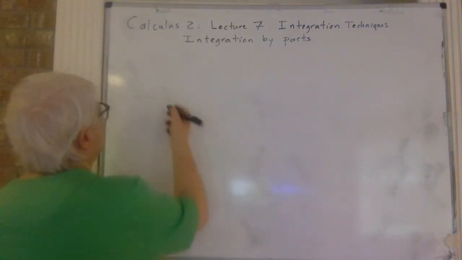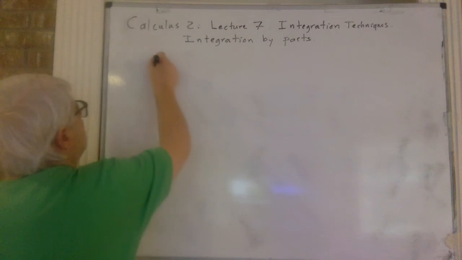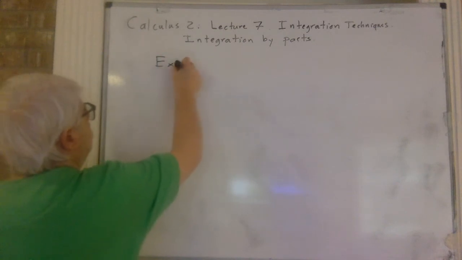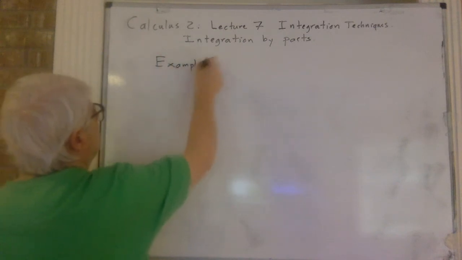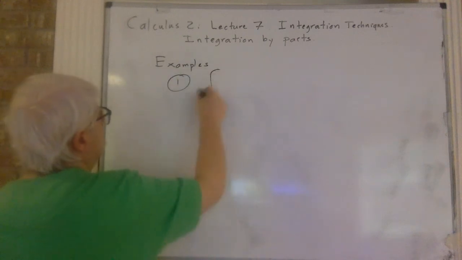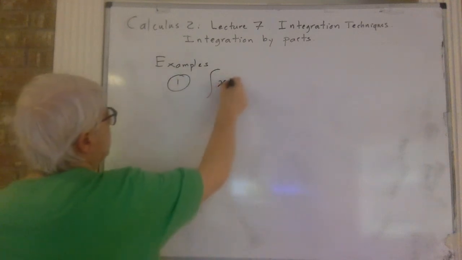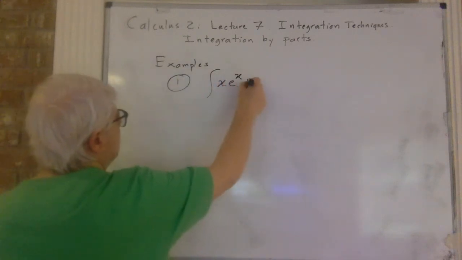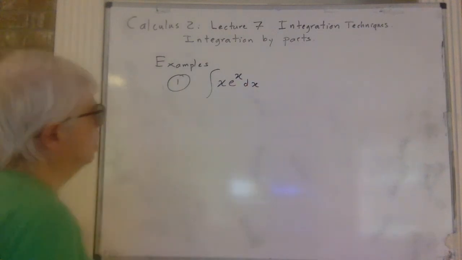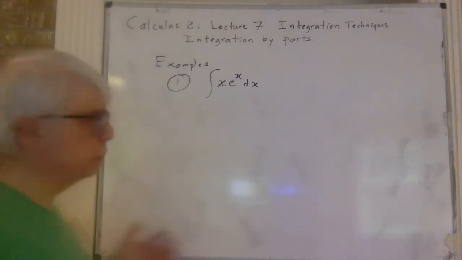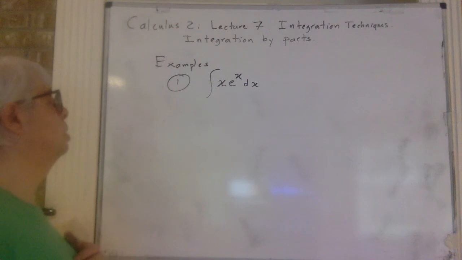So, these are in fact crucial examples. One is the integral of x e^x dx. Well, it can be x e^(kx), but let's just try the simplest one.